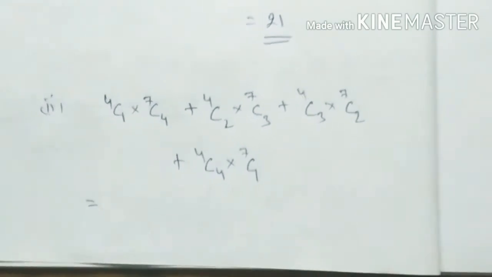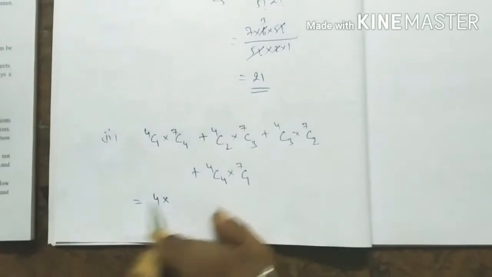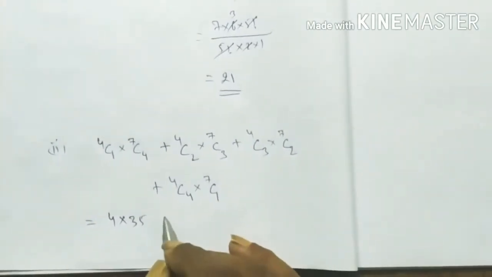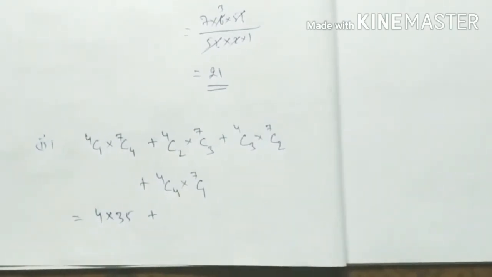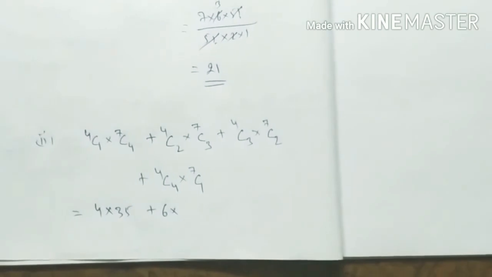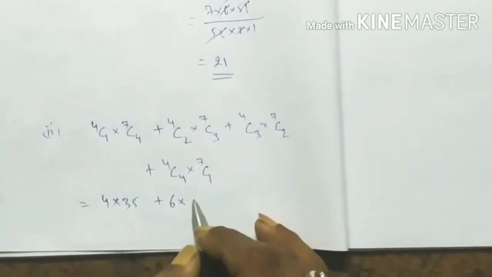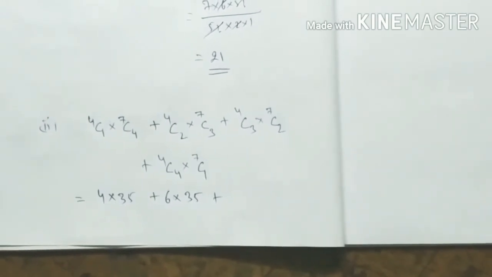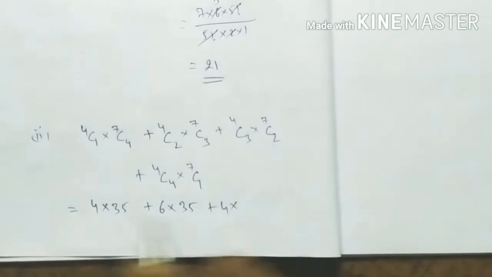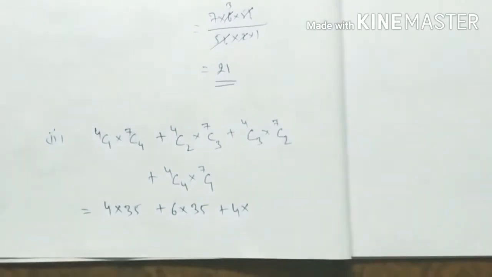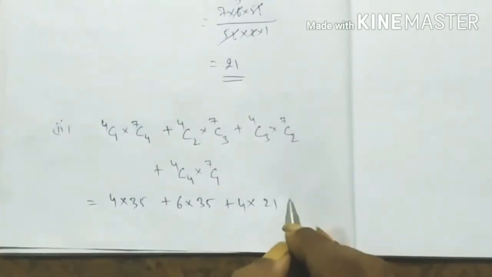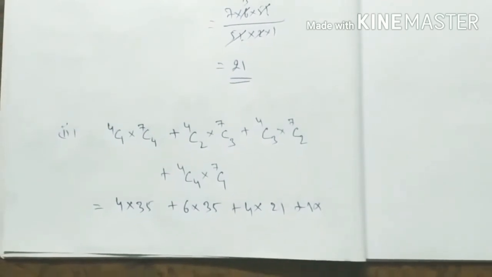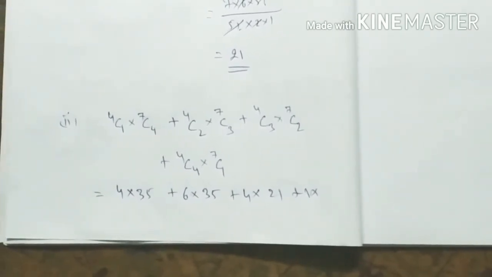That is 4C1, which comes to be 4, into 7C4, which comes to be 35, plus 4C2, which comes to be 6, and 7C3, it comes to be 35. 35 again. 4C3, it comes to be 4, and 7C2, it comes to be 21, and again 4C4, it comes to be 1, and 7C1, it comes to be 7.